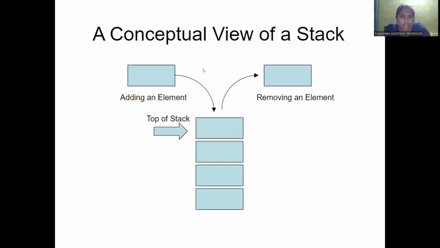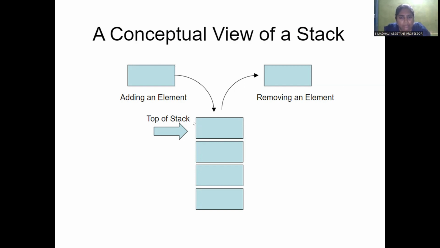A stack is a linear data structure where the data elements are ordered in a linear manner, and it follows a principle called last in first out, in short LIFO. So this is how the stack will be represented.